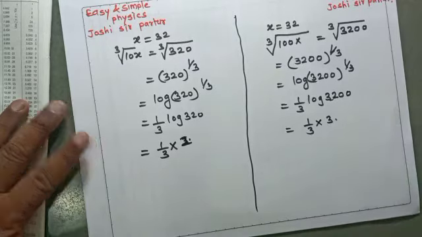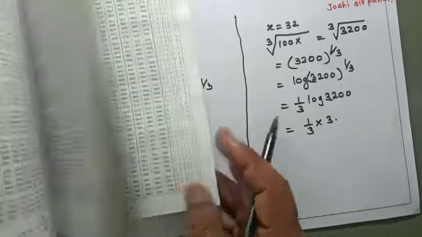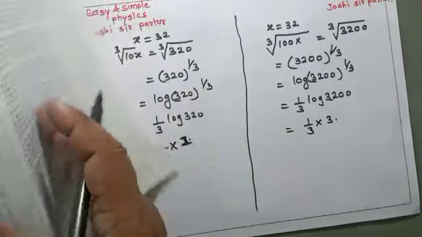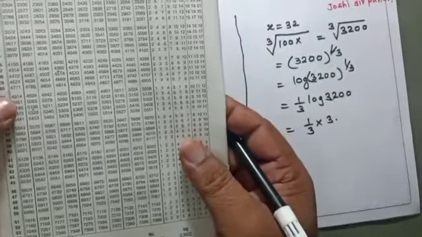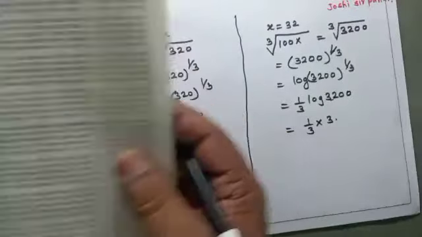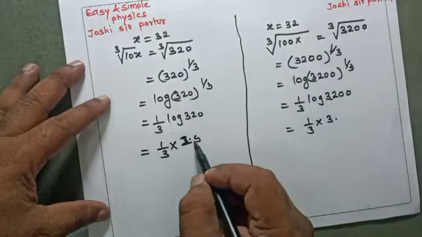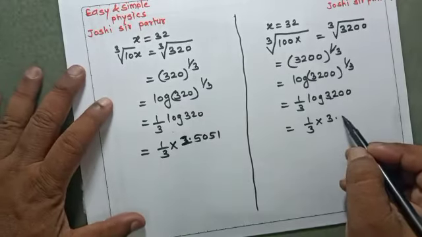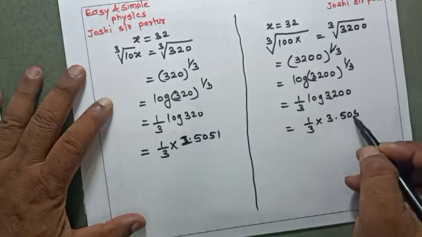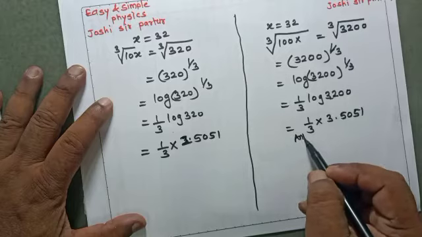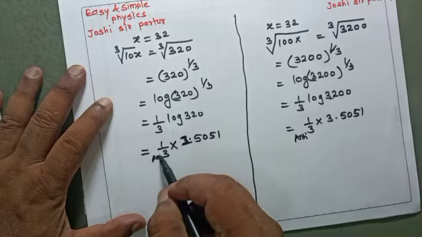The log of 32 is 5051. So it is 2.5051 and 3.5051. Take its antilog by dividing by 3.